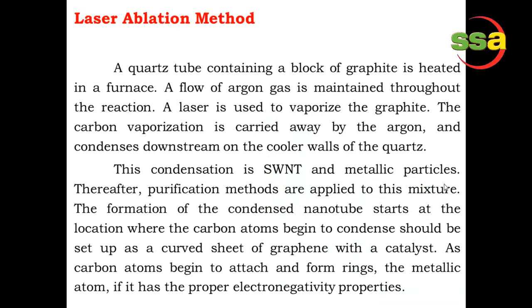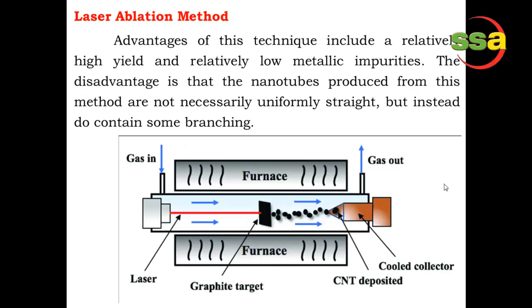that is the laser ablation method. Here in this laser ablation method, let us see the synthesis arrangement. See, this is also similar to the arc discharge method. Here also a tube is there. Into that tube we are placing one target material, and on passing a laser of suitable intensity and suitable energy, ablation takes place.